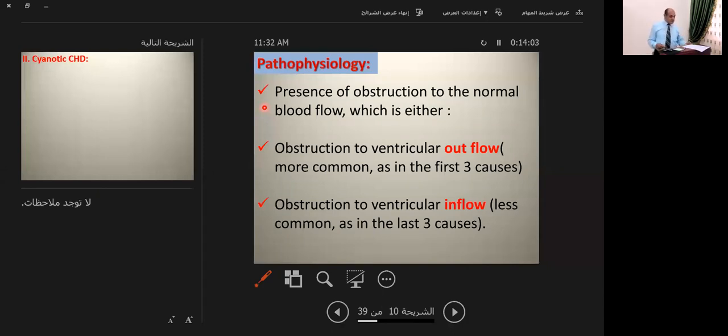Here the ventricular inflow will decrease, which occurs in the last three causes: tricuspid stenosis, mitral stenosis and pulmonary vein obstruction. If I have tricuspid stenosis, there will be more pressure on the right atrium to push blood to the right ventricle.